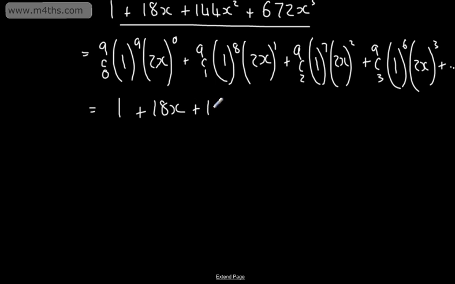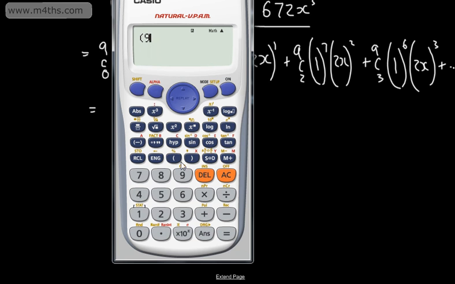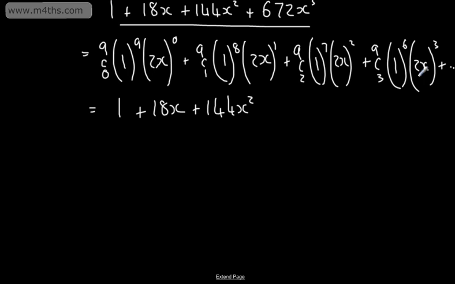So plus 144x squared. 9c3 times 8, we'll put that straight through a calculator, so 9c3, and we're going to times that now by 8, and that will give us our 672 as expected. So we can see that either method is perfectly fine because it's a positive integer power.